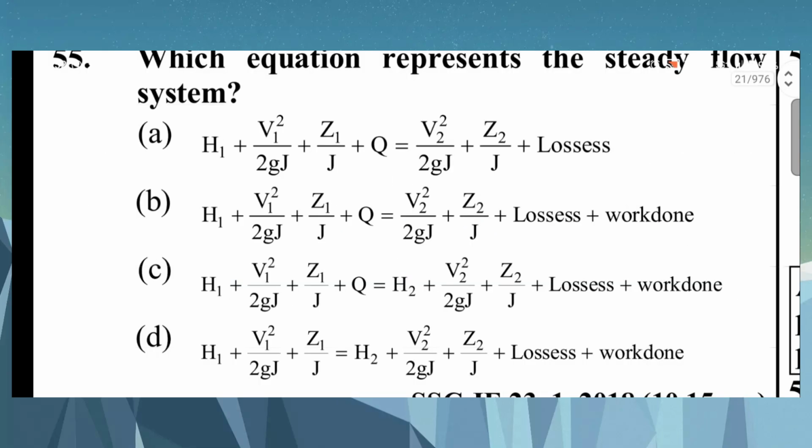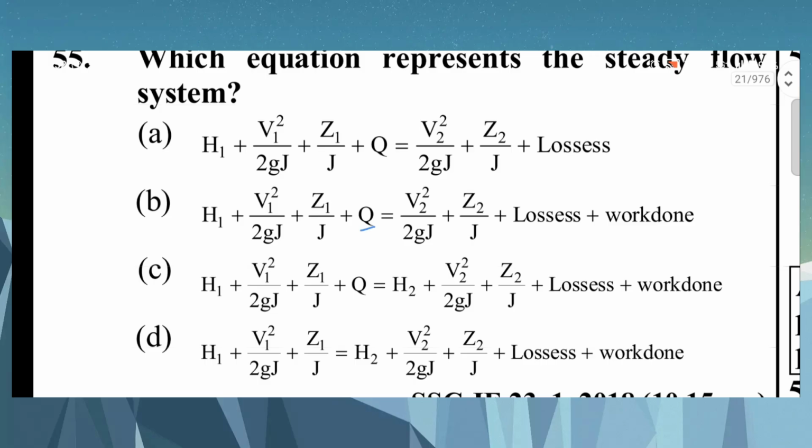Question number 55. Which equation represents the steady flow system? A: H1 plus V1 square by 2GJ plus Z1 by J plus Q equal to V2 square by 2GJ plus Z2 by J plus losses. इधर Q है तो उधर वर्क डन भी आना चाहिए, losses plus work done.